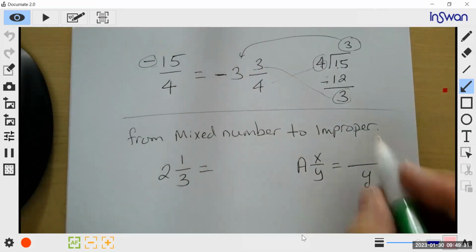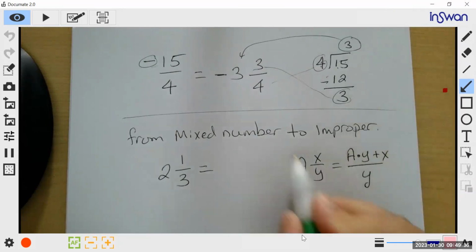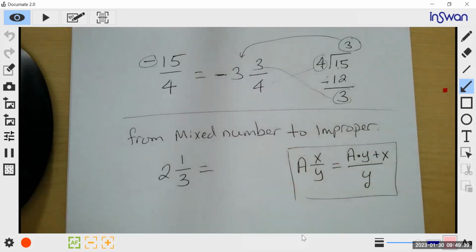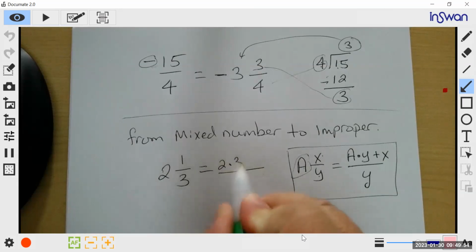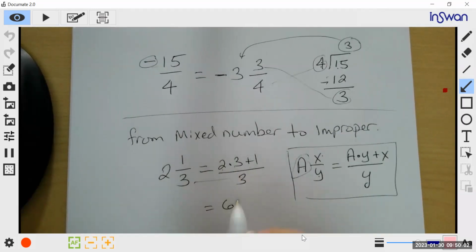Here's the formula. Whatever the coefficient is times the denominator plus the numerator. So 2 times 3 plus 1 over 3. 2 times 3 is 6. 6 plus 1 is 7 over 3. And there's your answer.